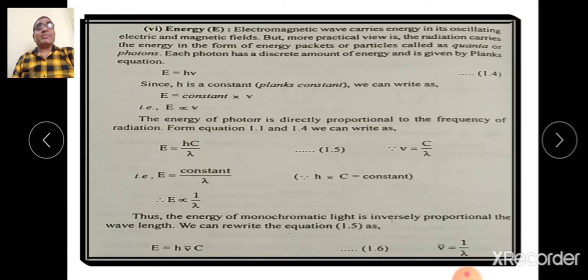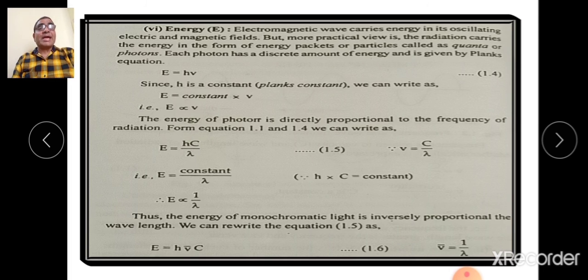The next parameter is energy. Electromagnetic wave carries energy in its oscillating electric and magnetic fields. These fields are oscillating perpendicular to each other. But practically, the radiation carries the energy in the form of energy packets or particles called as quanta or photons.